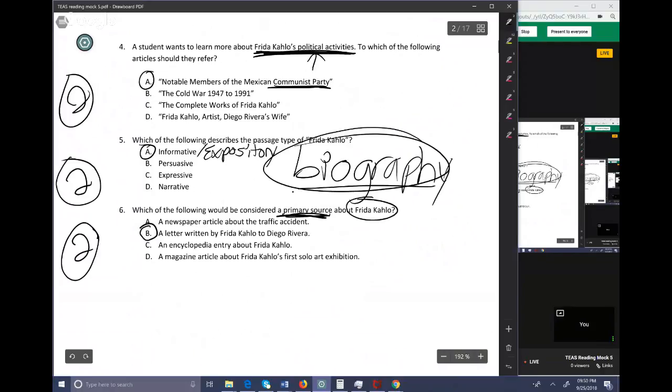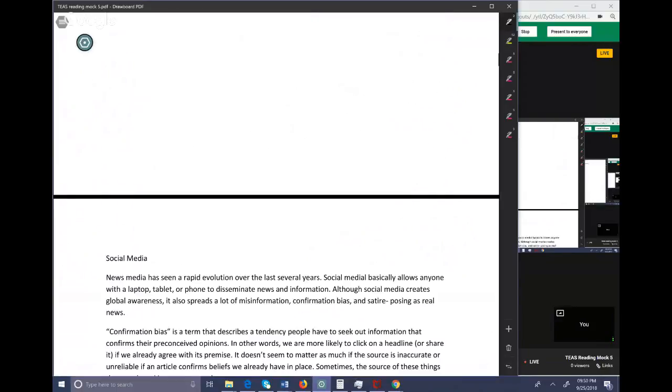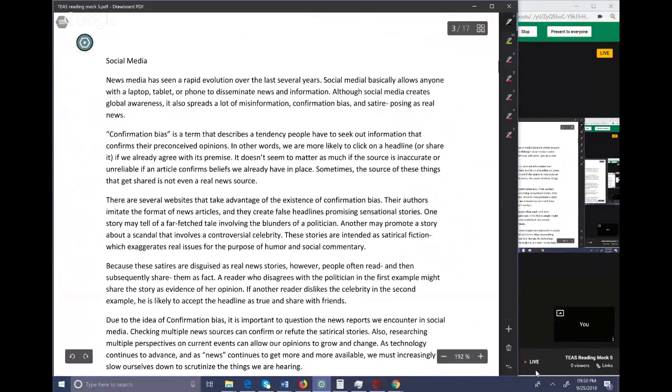There's only one example that is directly from her: a letter that she wrote to her husband. An encyclopedia entry about her did not come from her. A magazine article about her does not come from her. Same thing with a newspaper article. Unless it was written by her, it would not be primary.